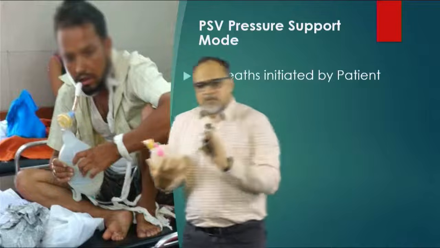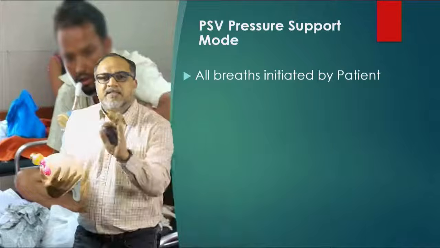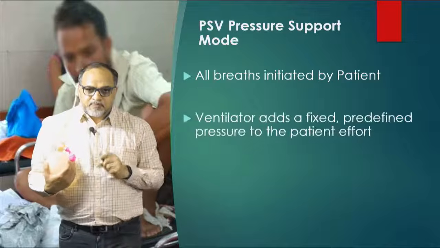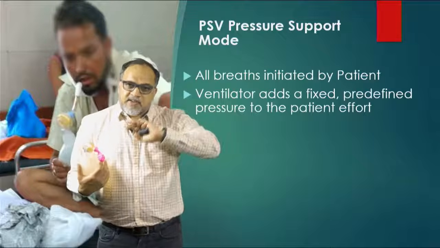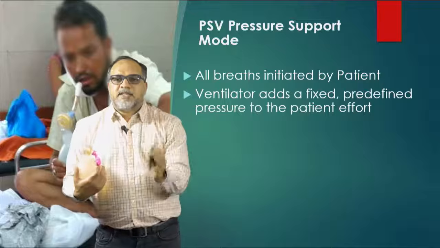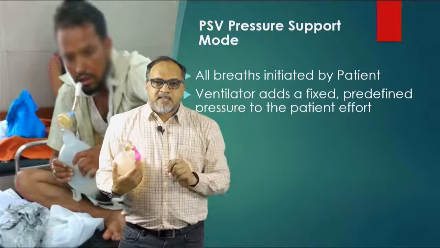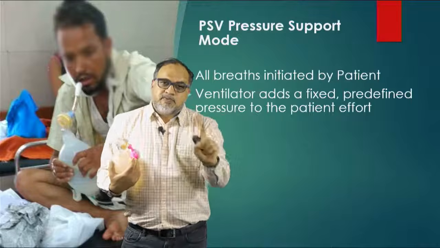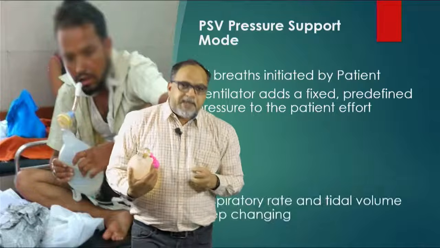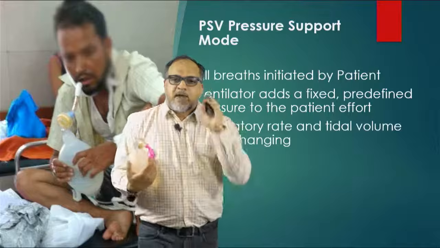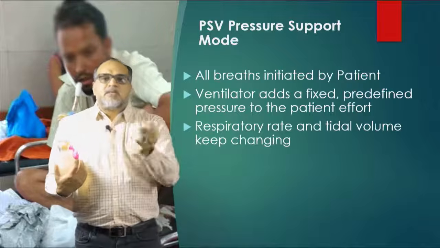All breaths have to be triggered by the patient only. Then the ventilator will add a fixed predefined pressure to the patient's effort. In CMV and ACMV, the tidal volumes were fixed. In PSV, the tidal volume and respiratory rate both keep changing.